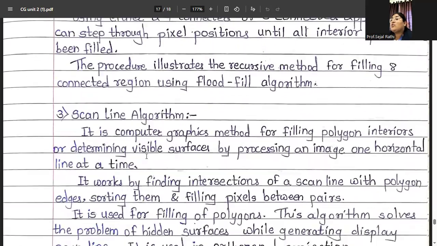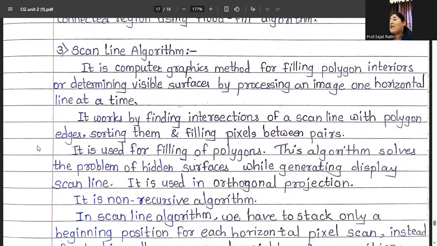So next one is a scan line algorithm. It is a computer graphics method for filling the polygon interior or determining visible surfaces by processing an image in horizontal line at a time. It works by finding intersection of a scan line with the polygon edges, sorting them and filling the pixels between those pairs.